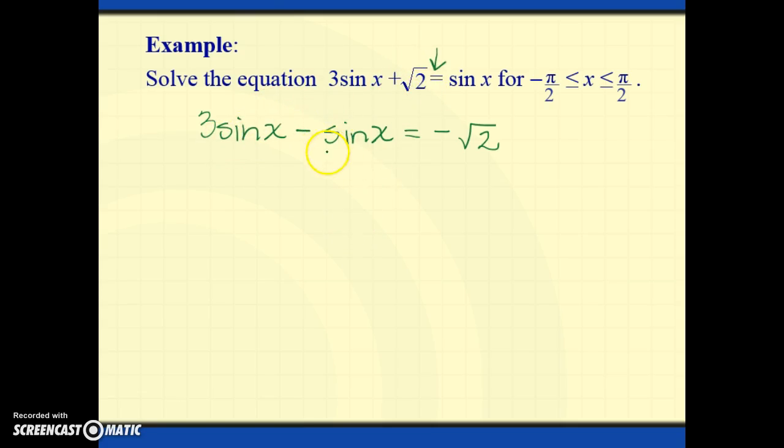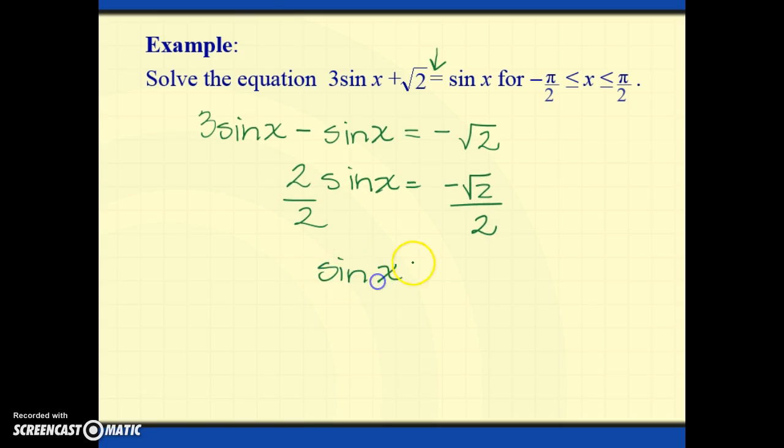Now I'm going to combine my sines. I have 3 sine of x minus 1 sine of x, which leaves me 2 sine of x equals negative square root of 2. Divide both sides by 2, and that solves for the sine of x. So the sine of x equals negative square root of 2 over 2.